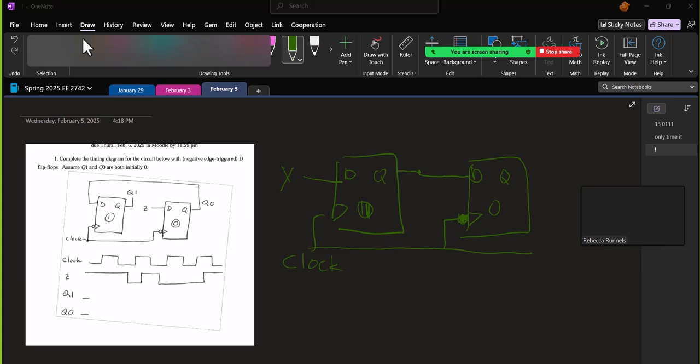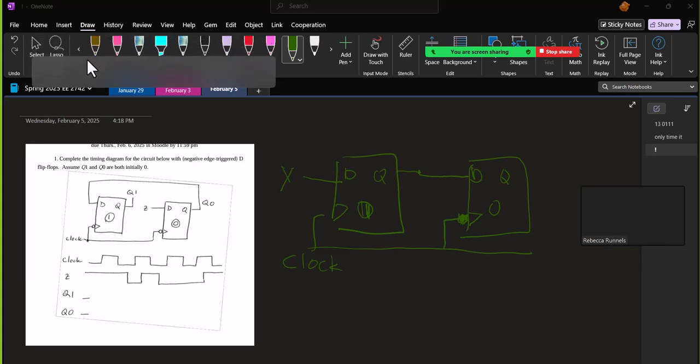Let me get to the eraser. Yeah, that'll be good. Okay.